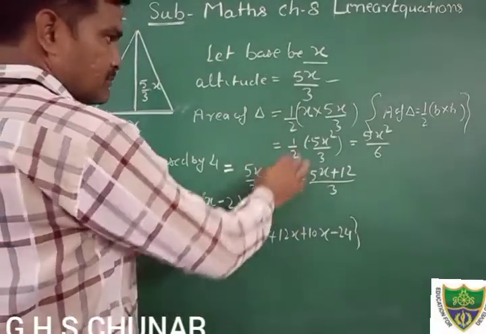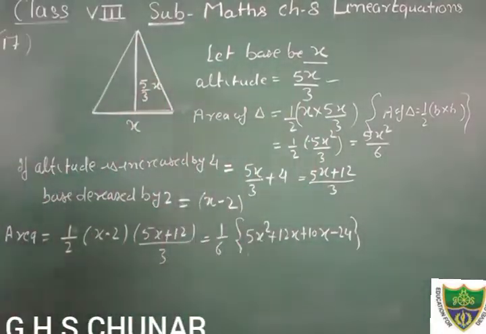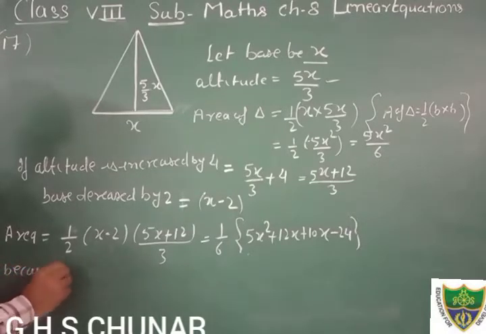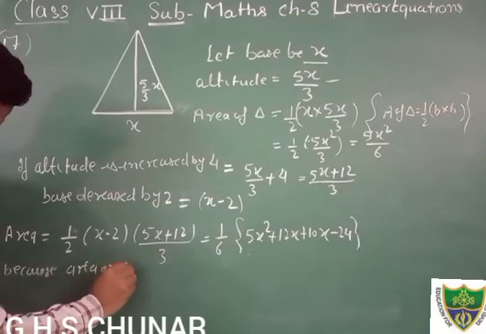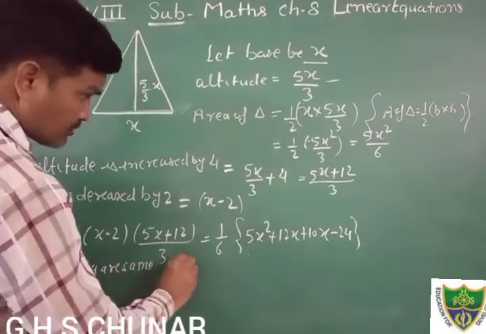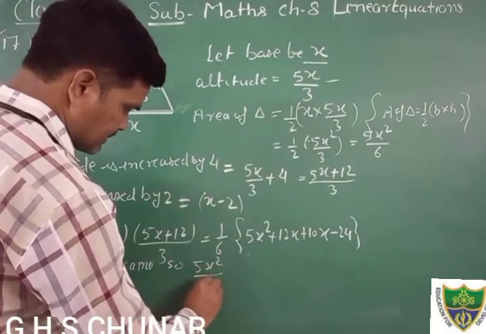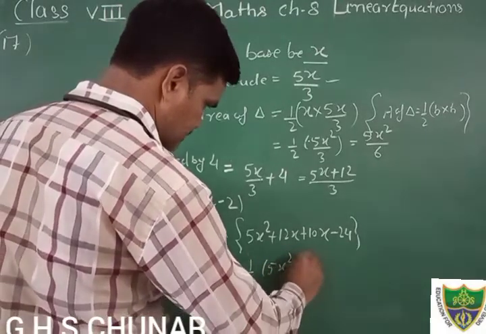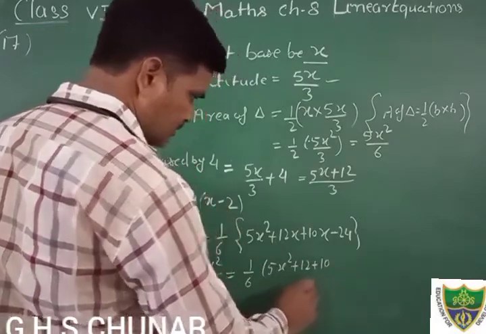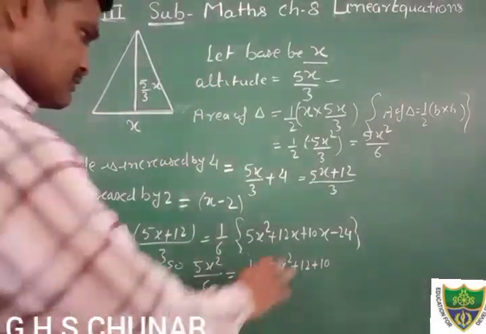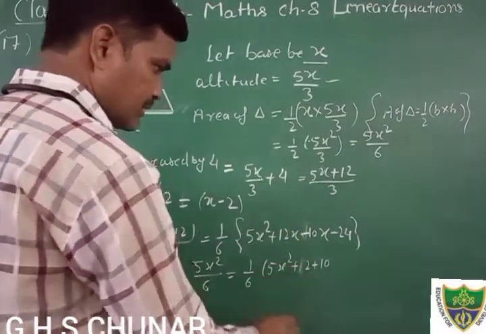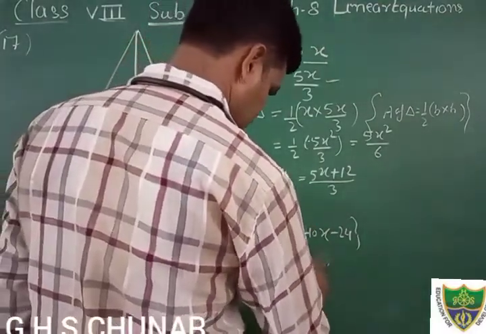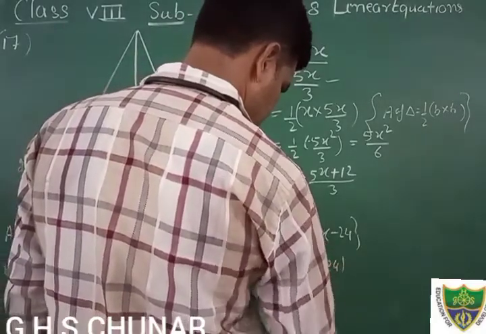Now both areas are the same. So we can write, because the areas are same, 5x²/6 is equal to 1/6 (5x² + 12x − 10x − 24), that is 2x minus 24.